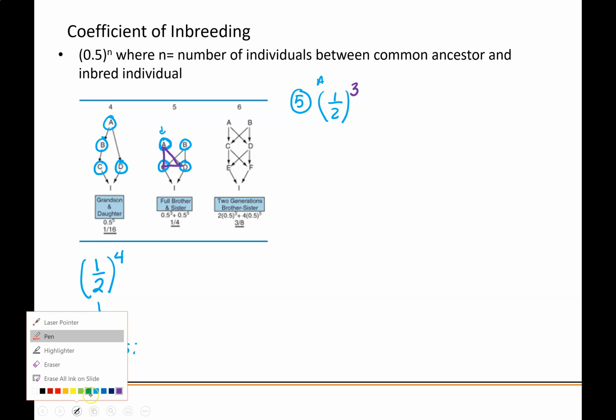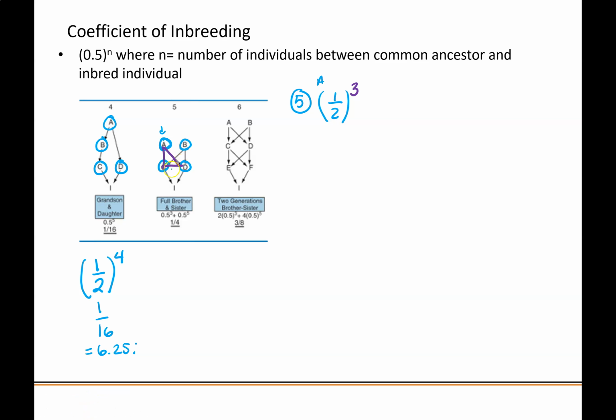Or if we look at our other side, our B, we've got 1, 2, 3. So 1/2 raised to the 3, which is 1/8, plus 1/8, which is equal to 1/4. This is 25%, or 0.25, 25% coefficient of inbreeding. So this one is quite high.